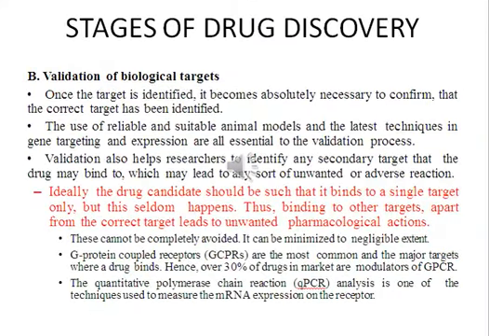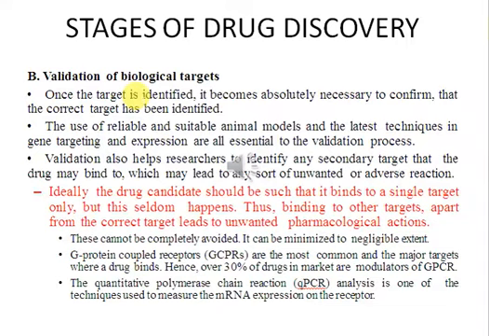So the first step was to identify the target. The second step of drug discovery is to confirm whether the target is the right target or not, right? Because if the target has been mistakenly chosen, that may result in a very disastrous situation. The second step is the validation of the biological target.